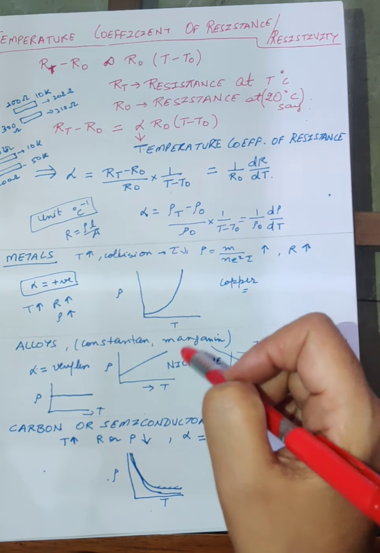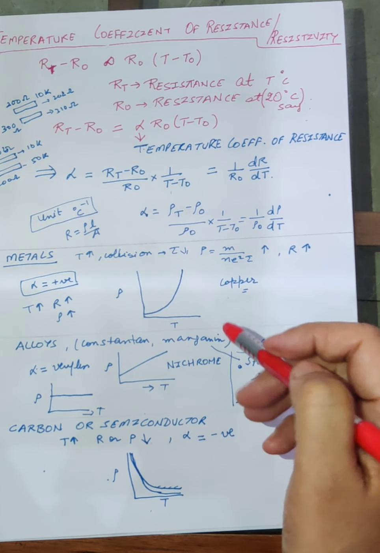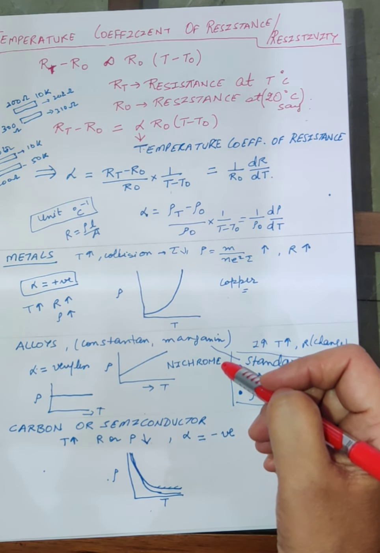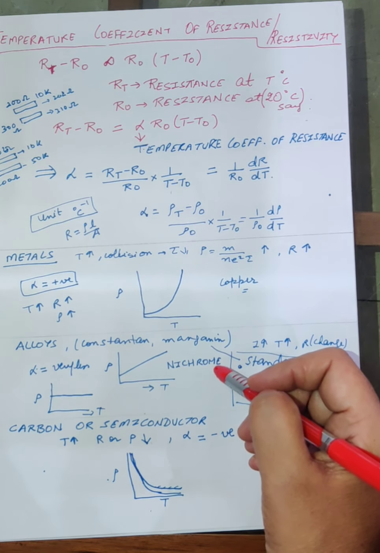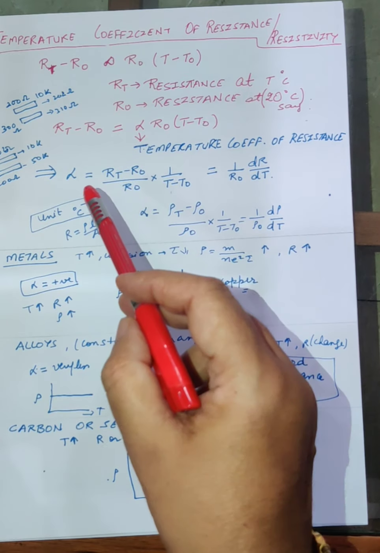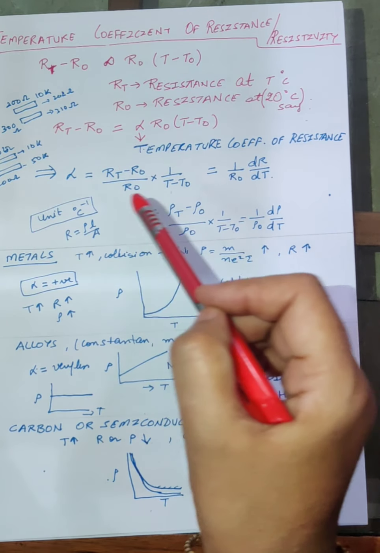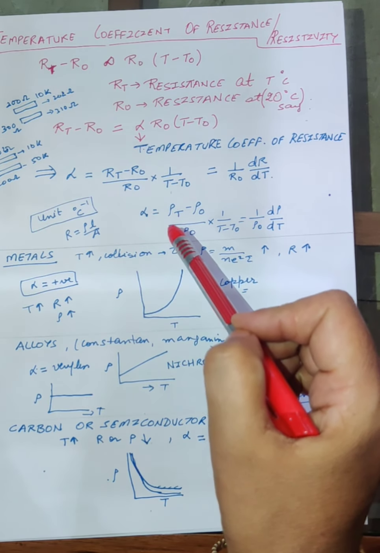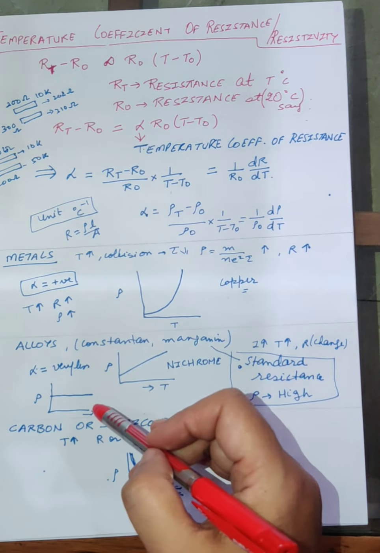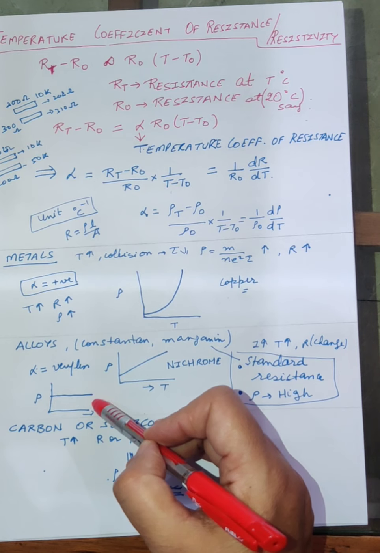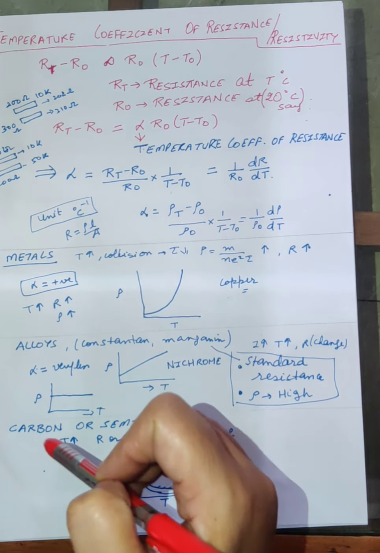That means the resistance or the resistivity changes very little with temperature in the case of alloys. For example, in the case of manganin, the resistivity does not change much with temperature.